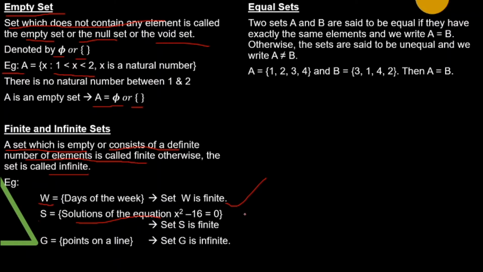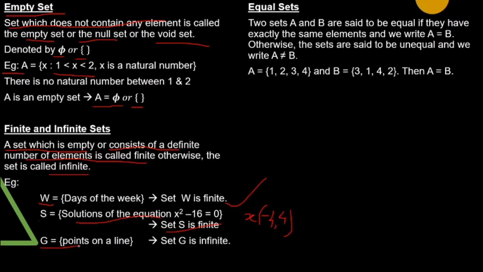So can you tell me what will be the value of x? It can be 4 and negative 4. Okay, so we have 2 elements in this set, right? So again we can call S a finite set.